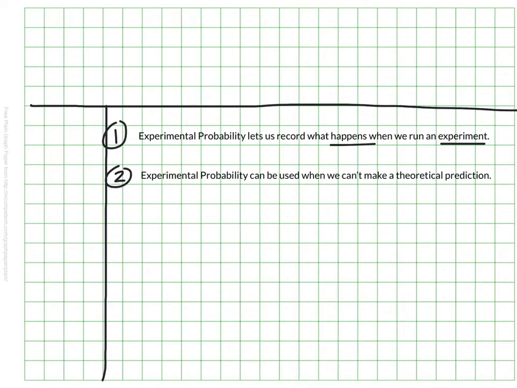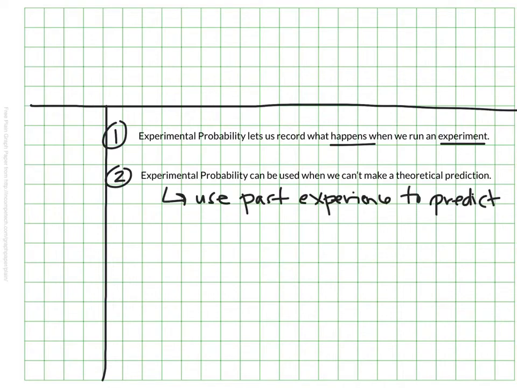And that's because some things are not as straightforward as heads or tails, or choosing marbles from a bag. Sometimes events are unpredictable because humans are not machines, and we might be doing something that we want to make predictions on, but we don't know exactly what we'll be able to do. So in those cases, we can look at what has happened in the past to make our prediction for the future.